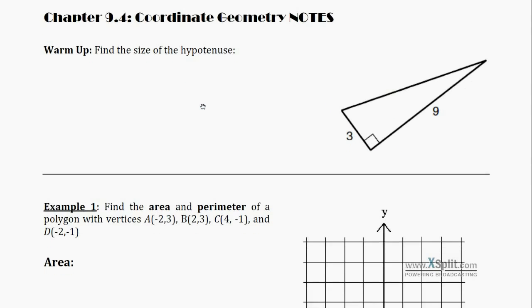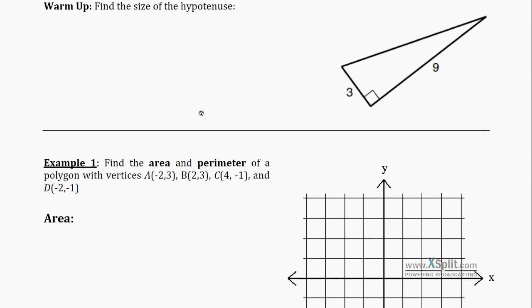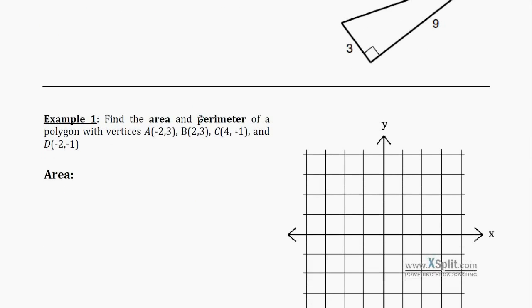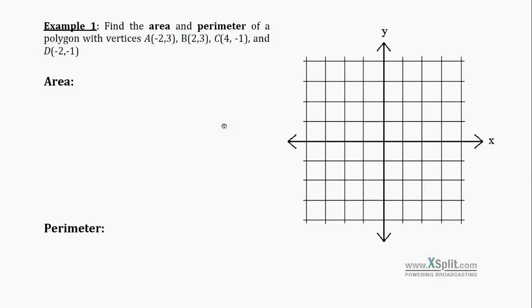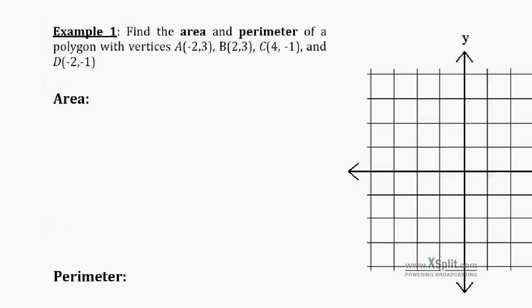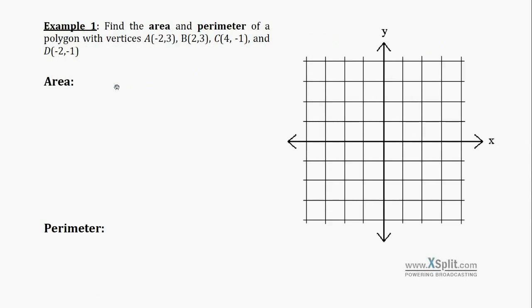Like I said, this ties into graphing in the coordinate plane and finding area and perimeter. Suppose, with this first example, that you have 4 points, A, B, C, and D, and they make a figure. I'm going to go ahead and use blue here and start drawing.